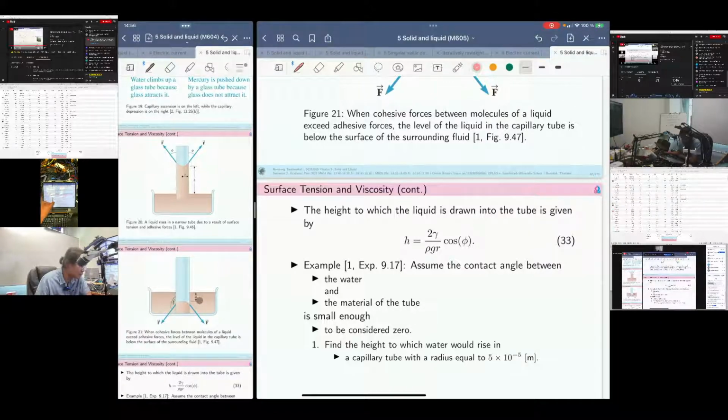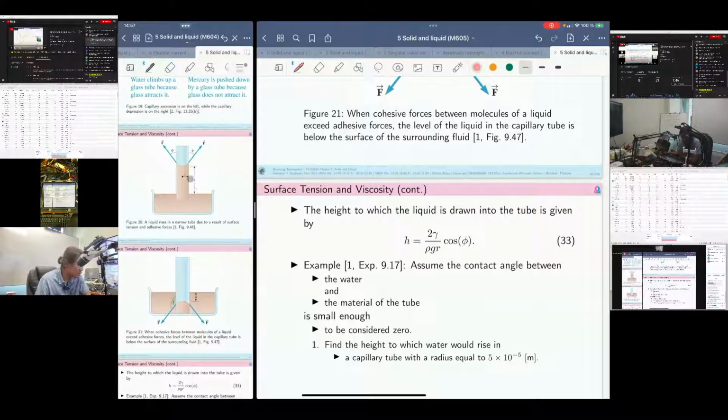The height here. If you would like to determine or calculate this height, you may use this formula. The scientists have discovered this relation. It depends on the surface tension. If that fluid has a strong surface tension, this effect will be prominent.